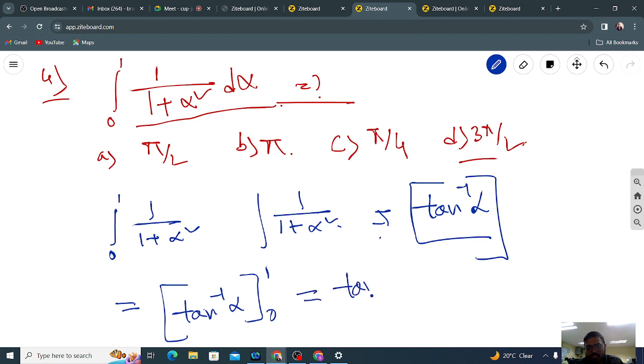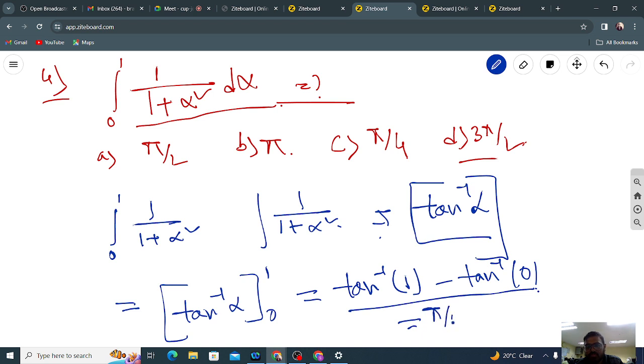That is tan inverse 1 minus tan inverse 0, and the value is pi by 4, because tan inverse 1 is pi by 4 and tan inverse 0 is 0.